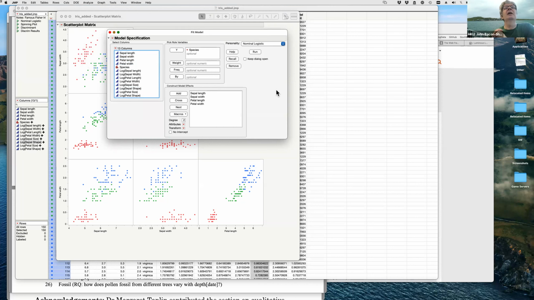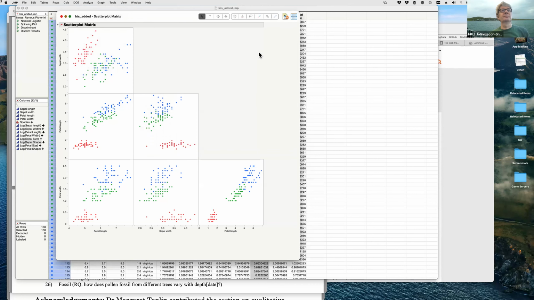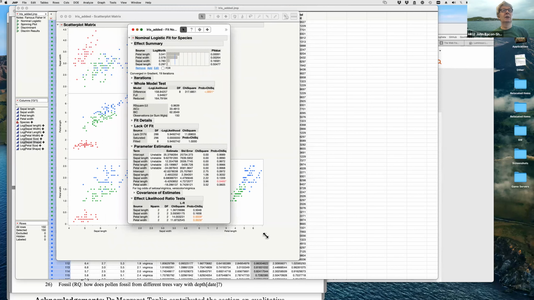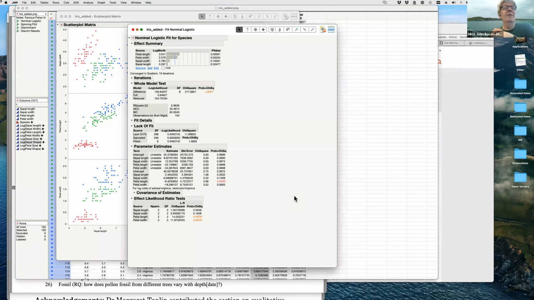So this is basically trying to say, can we predict which species you're in given these 4 measurements? If we run this model, it tells us that doing it from this approach, the petal length and width are both very strongly significant. So we definitely do need the 2 petal measurements.